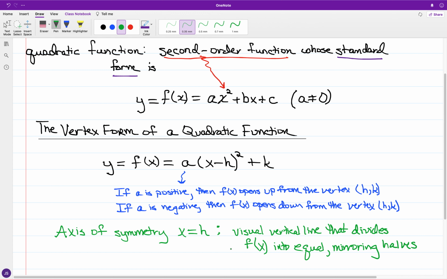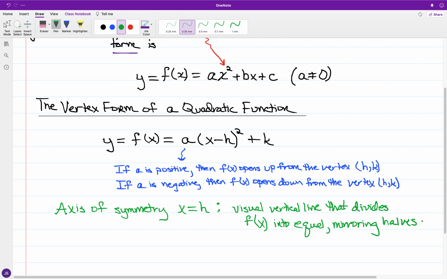So the axis of symmetry is a visual vertical line that divides the graph of f of x into equal mirroring halves. And the other role that h plays, along with k, is in the formation of the vertex.